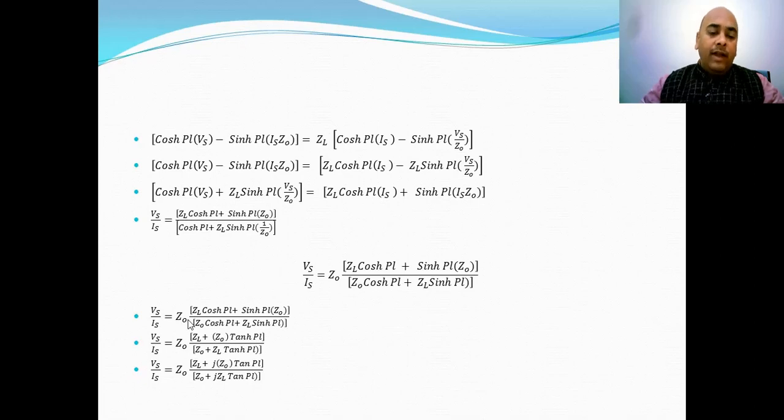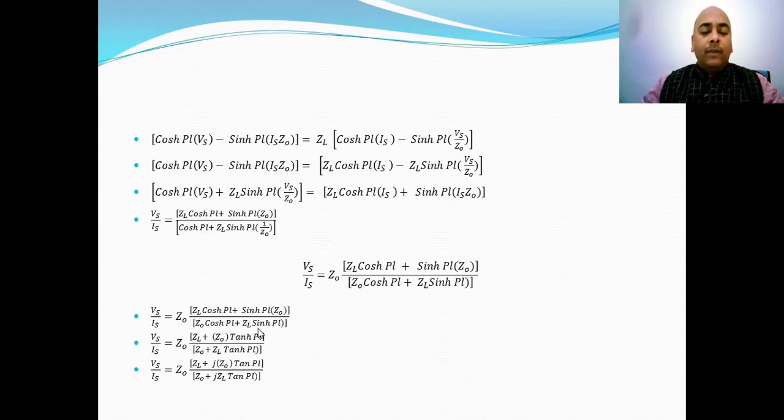Now we divide the numerator and denominator by cos hyperbolic PL. So we obtain that Vs upon Is is Z naught into ZL plus Z naught, sin upon cos will become tangent hyperbolic PL, divided by Z naught plus ZL tangent hyperbolic PL.